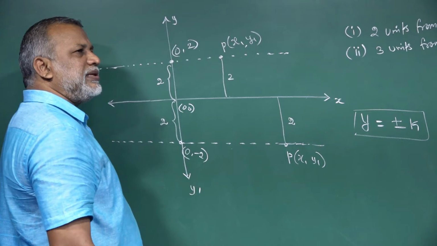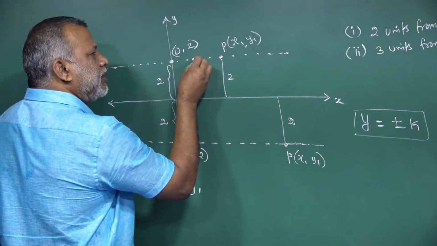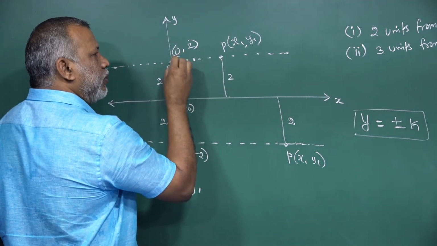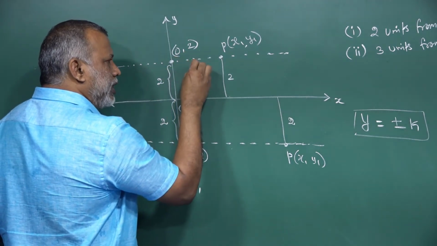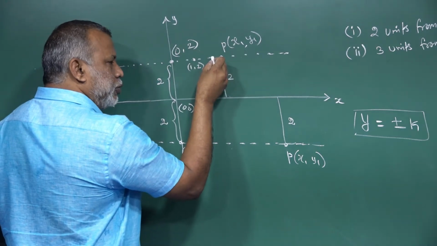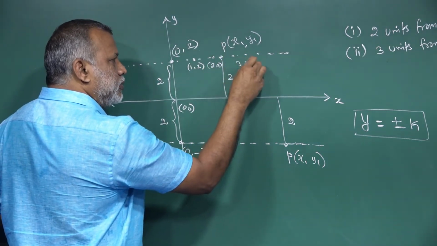Why are we selecting plus or minus k? For example, suppose the next point should be here. Consider like this. You are taking a point 1 unit here. It should be (1, 2). Suppose we select the second point, it should be (2, 2). Like this (3, 2).